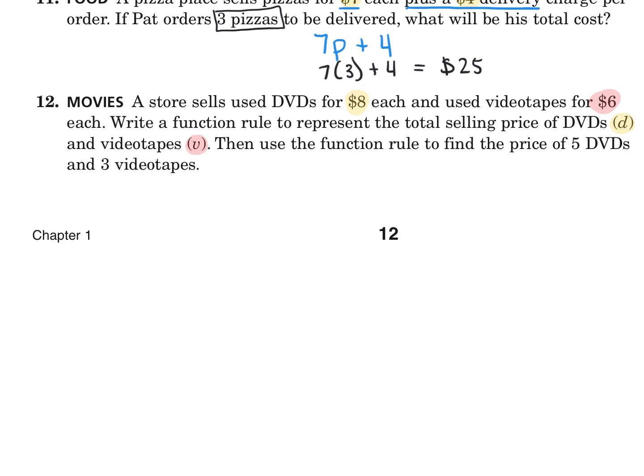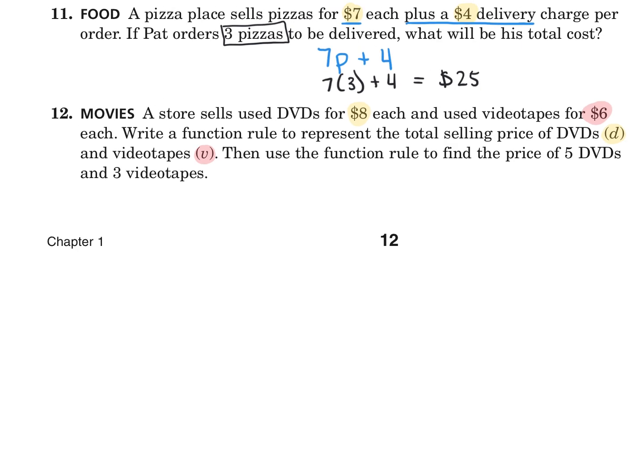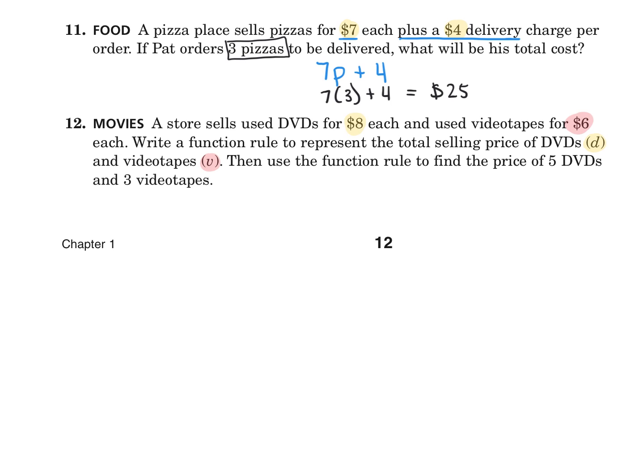Before you do the actual math, just tell me what the function would be first. My guys at home, message me what you think the function rule could be. What could you write for your rule? Just like we did for the pizza, use your variables, write your rule first. 8D plus 6V.